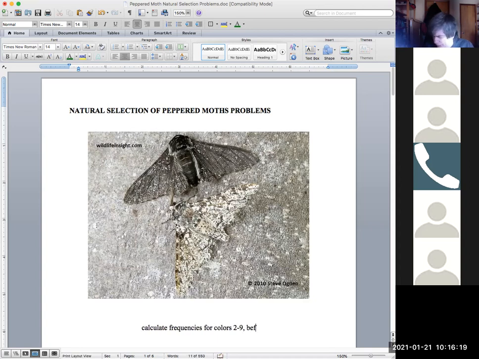And you're going to calculate the before and the selected and the after. And for each color, so 1 through 9, because I don't think I told you for one. I tried to avoid saying it, but maybe I did.